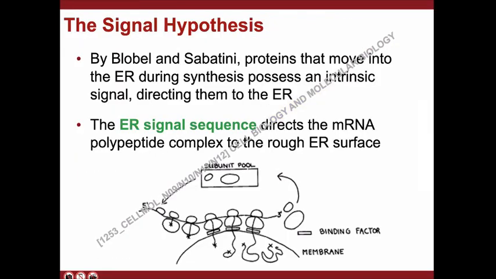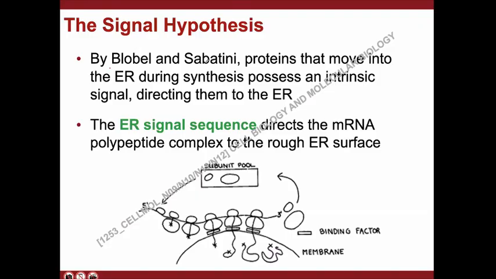So if, let's say, yung mga polypeptides move, di ba, into the lumen of your endoplasmic reticulum as they are being synthesized, how does the cell now determine which polypeptides are targeted in this way? So they were able to figure it out using this experiment carried out by Blobel and Sabatini, who first suggested what we call the signal hypothesis.